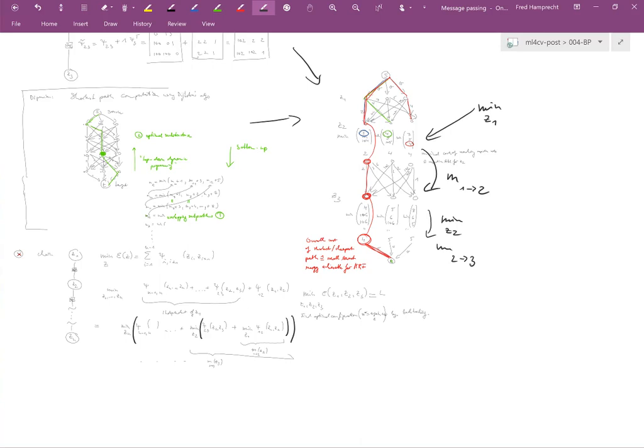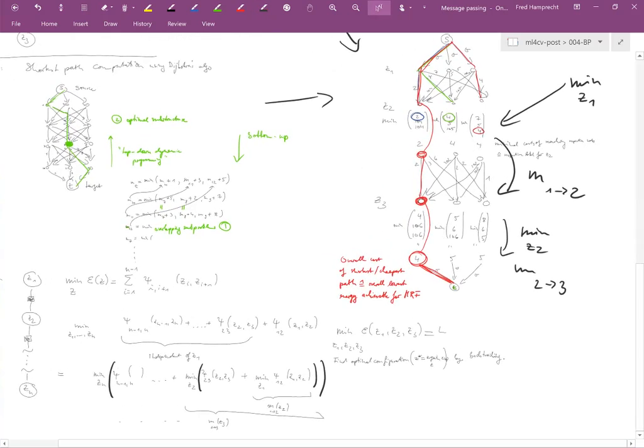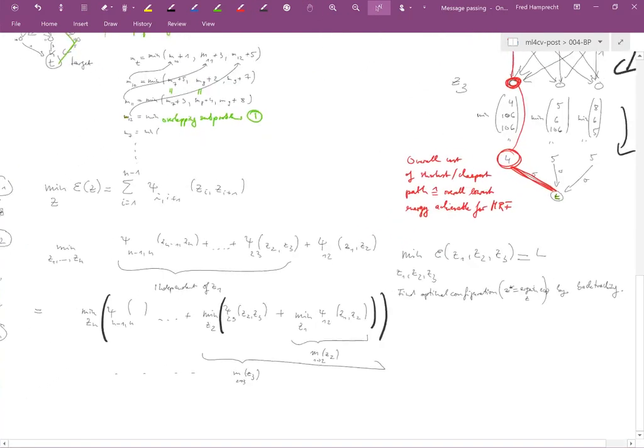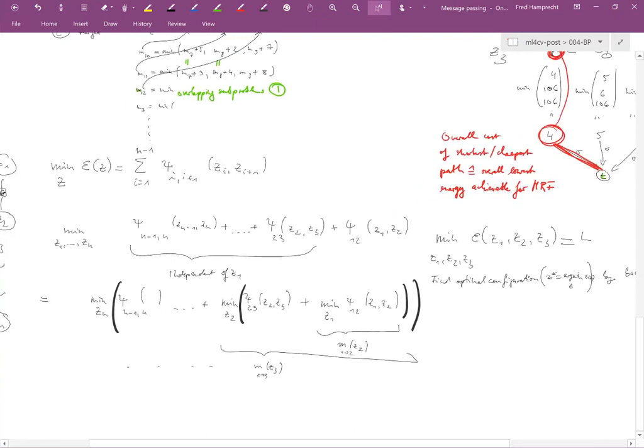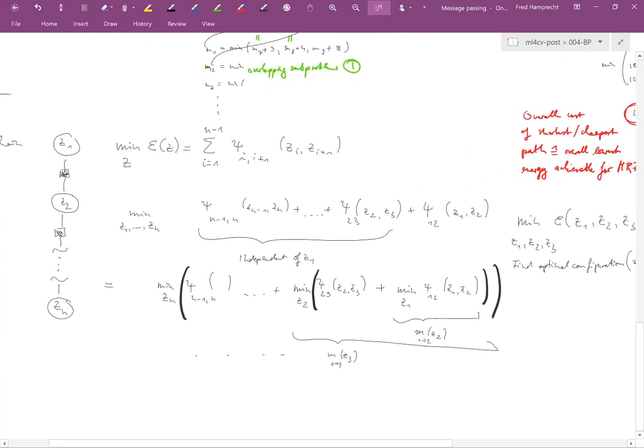Okay, so what we did up there in the computational graph is now written up here in terms of an optimization problem. And importantly, this here is an exact equality. Yeah? So there was no approximation made. It's just that we did perform a minimization over only those summands which depended on a particular variable. So we solved the problem piece by piece in a forward fashion.